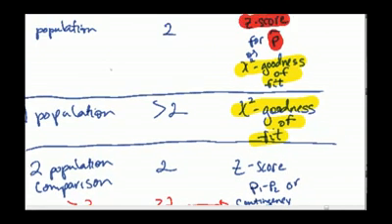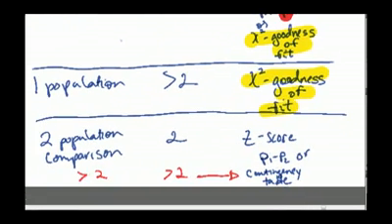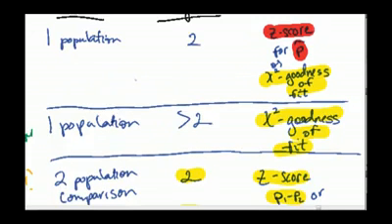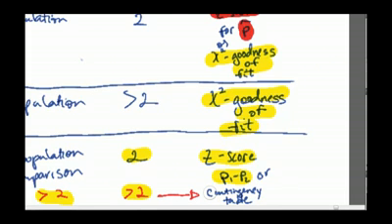And then if we're comparing two populations and looking at the difference of the two populations, you use that formula we encountered a little while ago, the z-scores. But if the population is 2 or greater, and we're looking at more than 2 categories, then you have to use the contingency table.